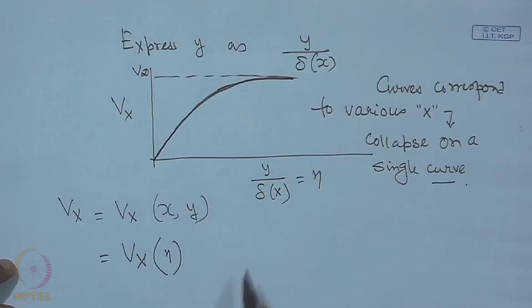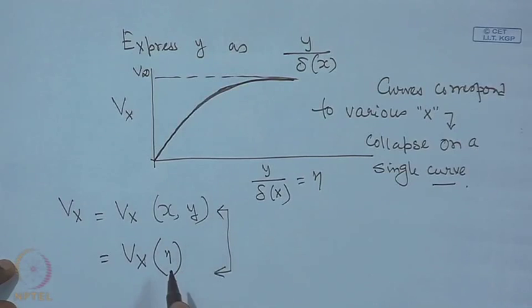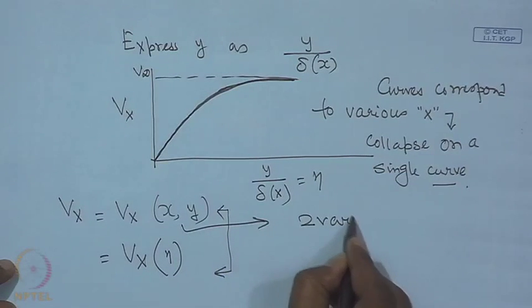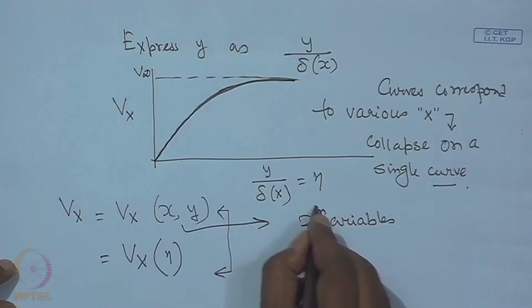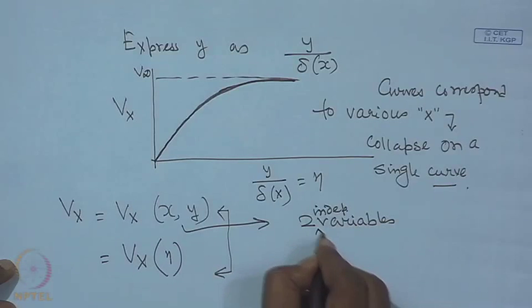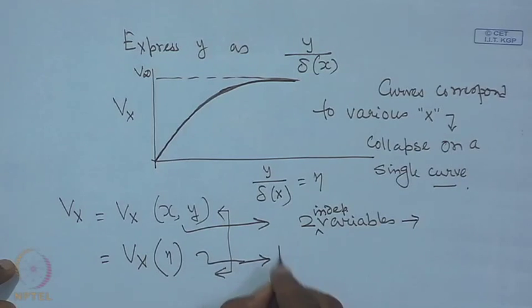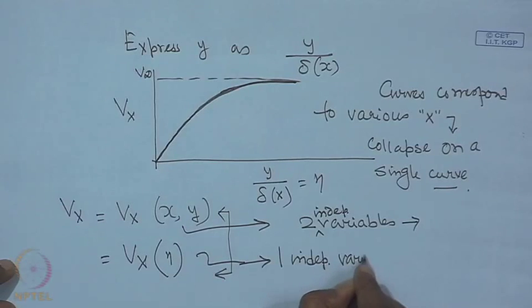So, what does this mean? Here we were talking about two independent variables, and now we have one independent variable.